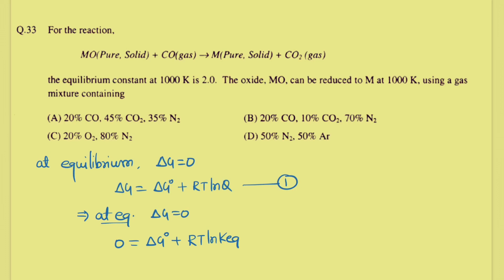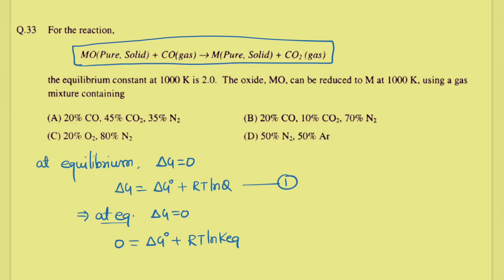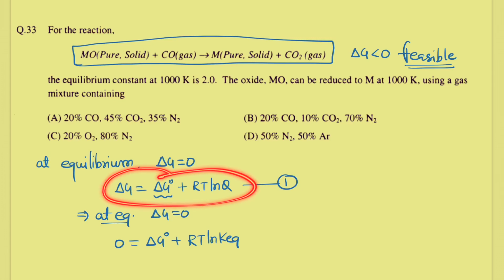Now for the feasibility of this reaction, that is the reduction of this metal oxide, delta G must be less than 0, then only it will be feasible. So first we need to calculate the delta G naught value, and then I will put the delta G naught value in this equation and find the corresponding Q value when delta G is less than 0.